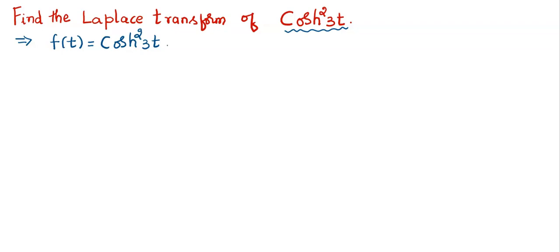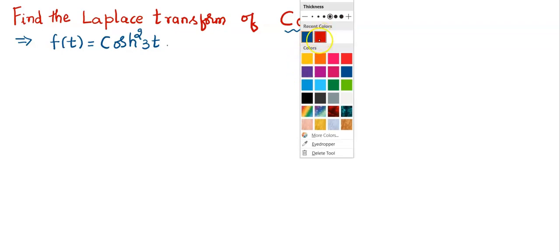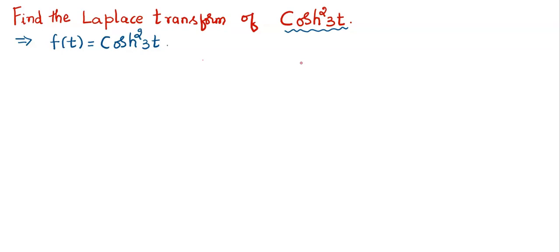We know the cosh at formula. Let me write the general formula for cosh at. It is e to the power of at plus e to the power of minus at divided by 2.